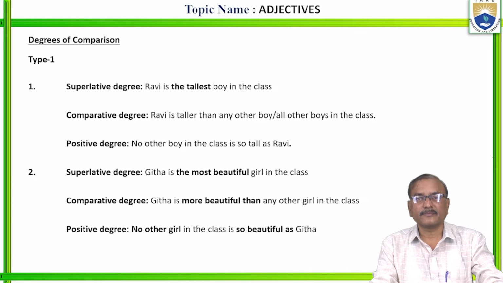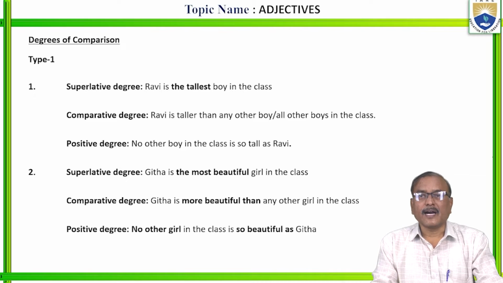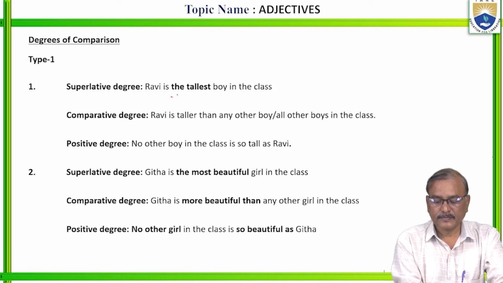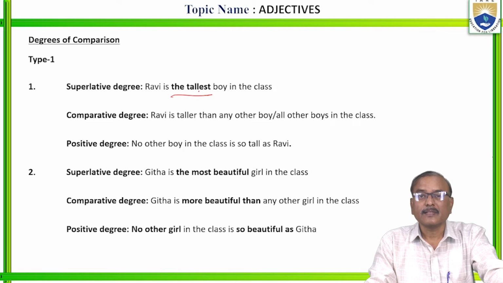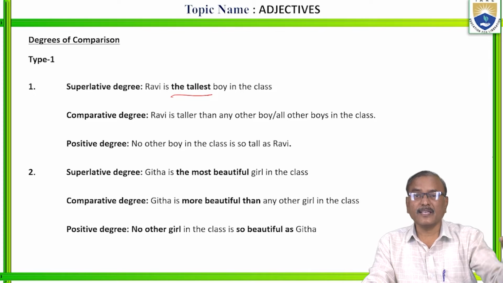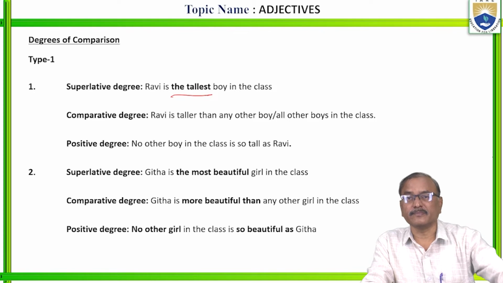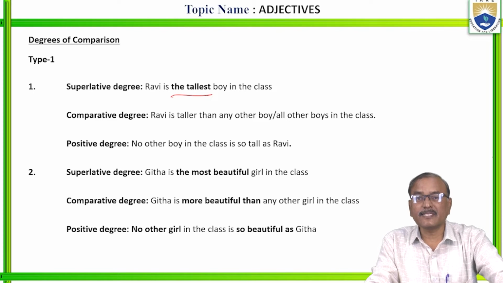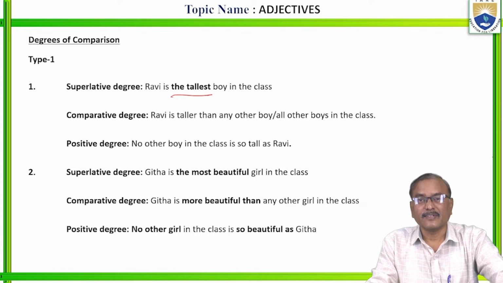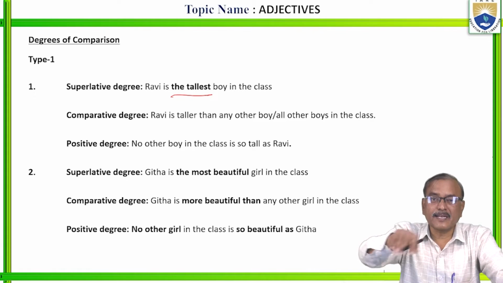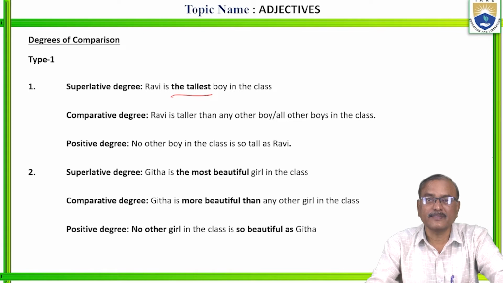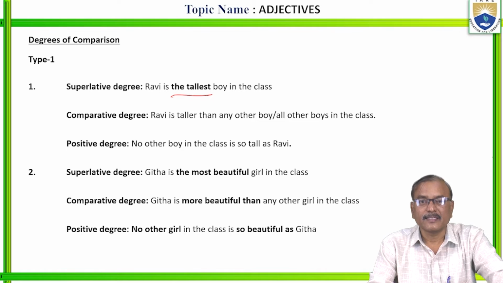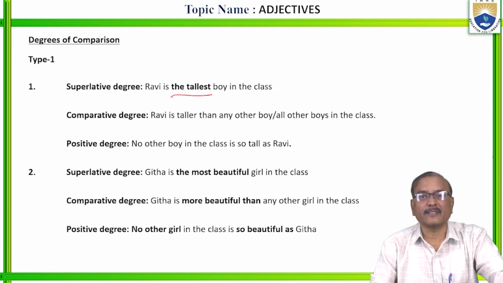Now let us see. Ravi is the tallest boy in the class. It means he is the highest here. No one is equal to him. That is the meaning here. In the class means comparison is made among all students. So among all students, Ravi is the tallest boy.